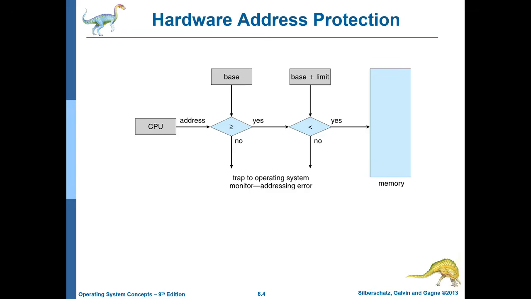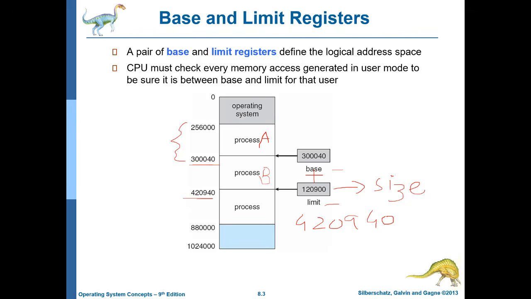The first thing is whether this address is greater than or equal to the base address, because for process B we know that its address must be greater than the base address of 300040. If it is less than the base address, then we will not allow the process B instruction, because it may be from process A or from the operating system. It will not be inside process B.